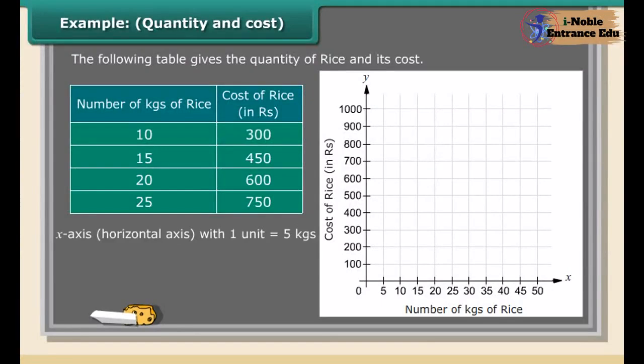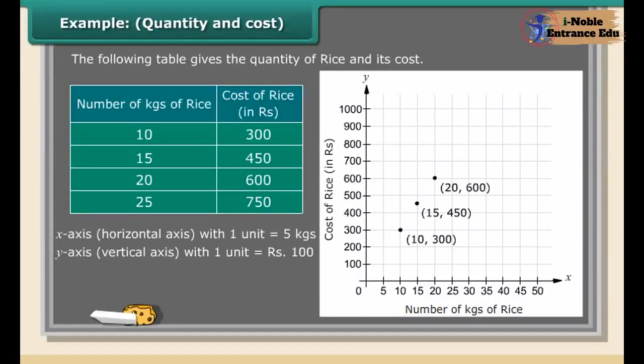Example, quantity and cost. The following table gives the quantity of rice and its cost. Plot a graph to show the data. 1. Mark the number of kgs of rice on the x-axis, the horizontal axis, with 1 unit equal to 5 kgs. 2.